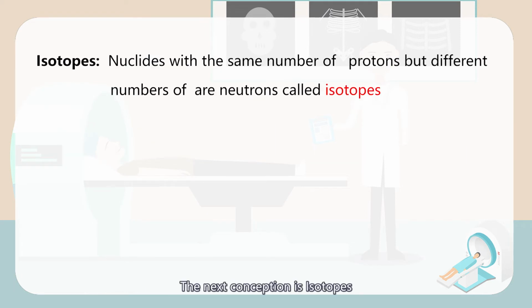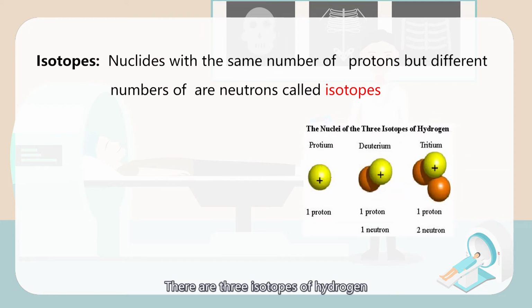The next pair we need to distinguish is the isotope. Nuclei with the same number of protons but different numbers of neutrons are called isotopes. For example, as seen in this picture, there are 3 isotopes of hydrogen.